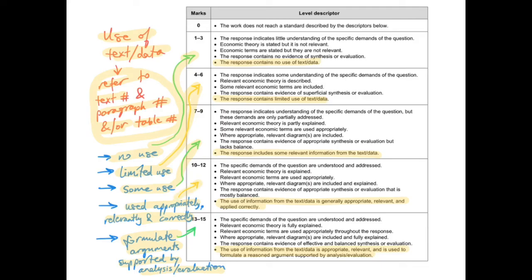But if you've used the text appropriately, relevantly, and you used this information and the data to formulate a reasoned argument supported by analysis and evaluation, that's level 5. It's not enough to just quote data or evidence from the text. You have to make sure whenever you are taking a quote or you're citing the text that you also provide analysis. So don't just quote for quoting's sake. Don't just write evidence from the text and leave it without any analysis. You have to analyze whatever evidence from the text or the data you are using.